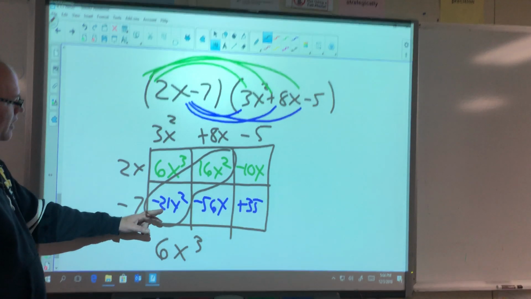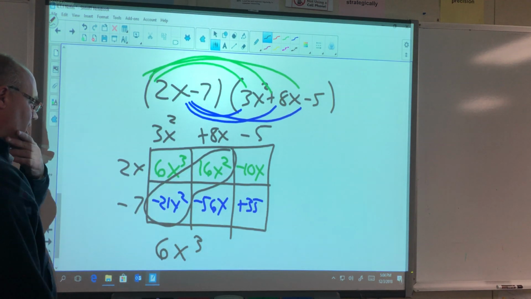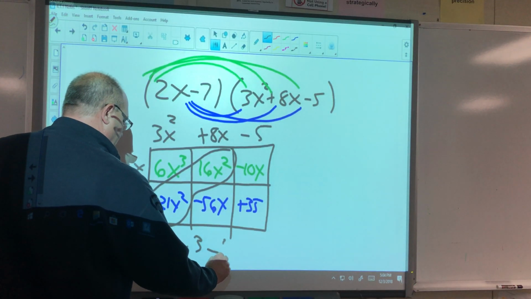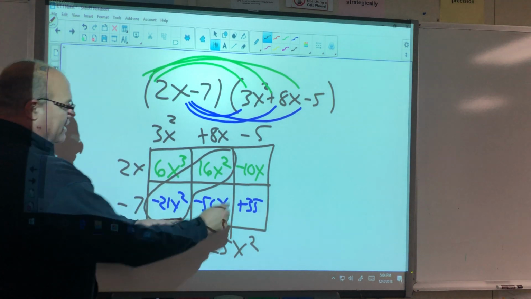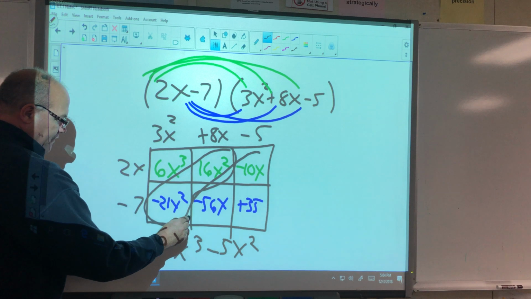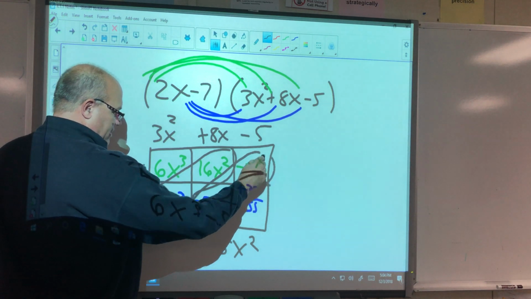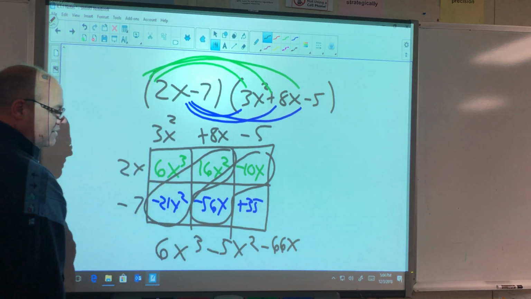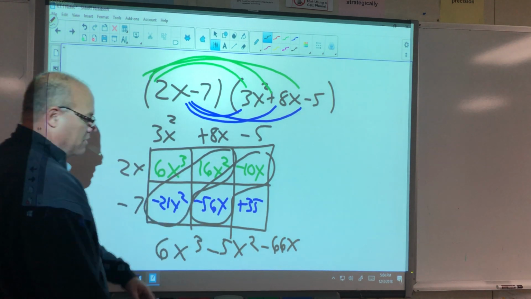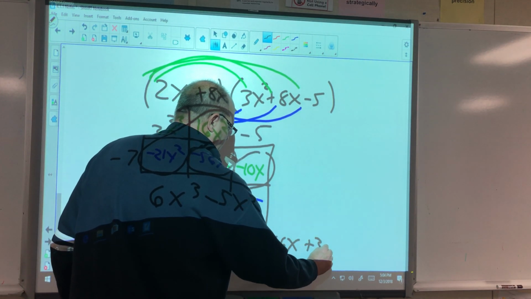So negative 21x squared and 16x squared is going to be negative 5x squared. Then my x's, I combine these two. Negative 56x and negative 10x, which is negative 66x. And then finally, my constant is plus 35.